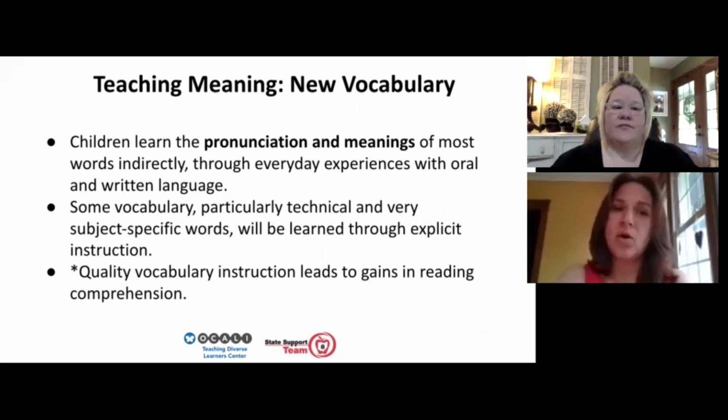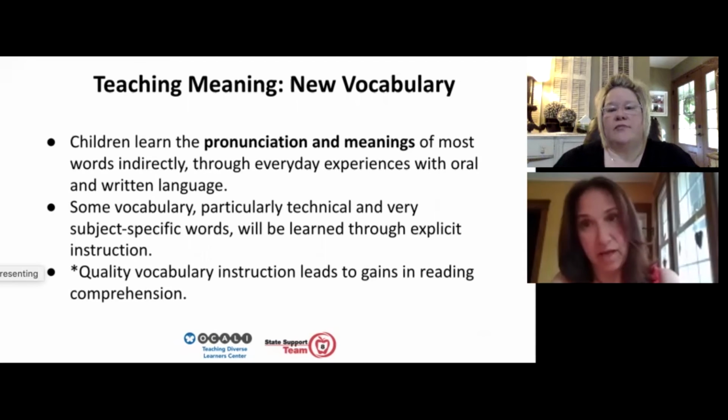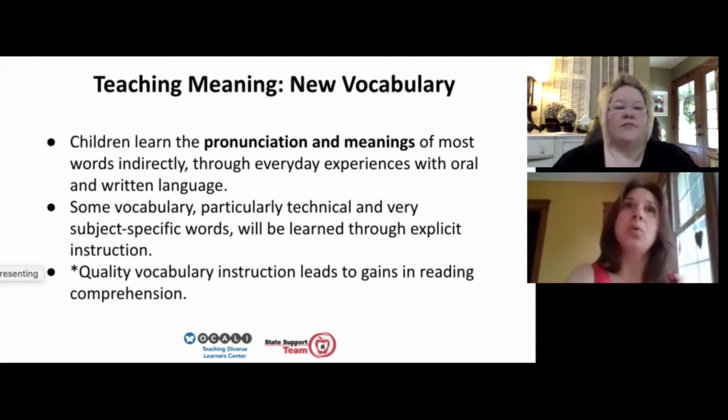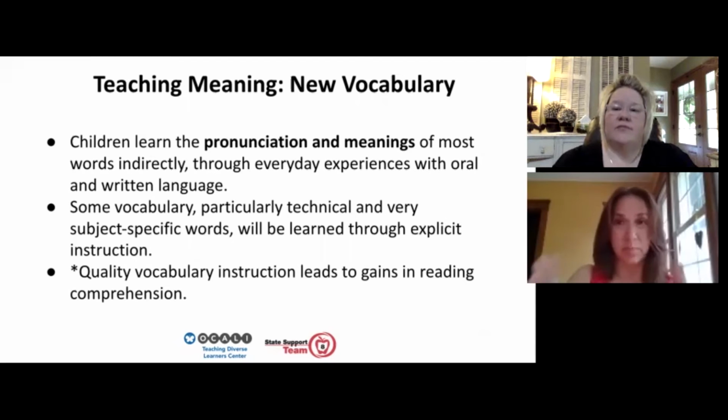So something that also is very, very important is to remember that quality vocabulary instruction leads to gains in reading comprehension. So if vocabulary is not a focus, you may not see the gains in reading comprehension with students, because remember, it's part of the language comprehension piece of the simple view of reading.